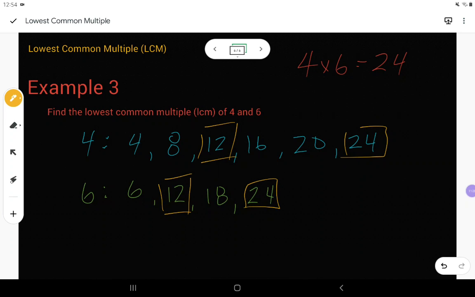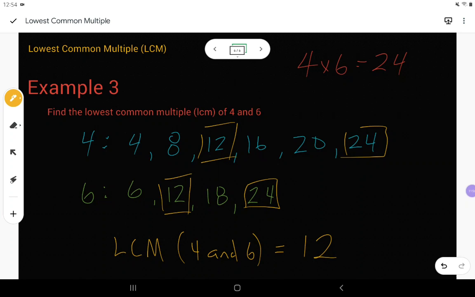So just because I can multiply the two numbers together to find a common multiple, like I did here, I want the lowest common multiple. And so that means there could be something before that. In this case, our lowest common multiple for 4 and 6 is going to be 12, because it happens before we get to that 24.